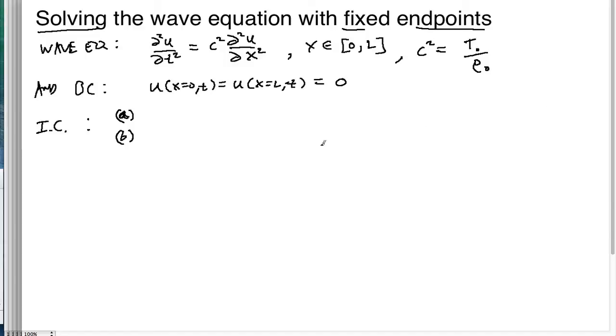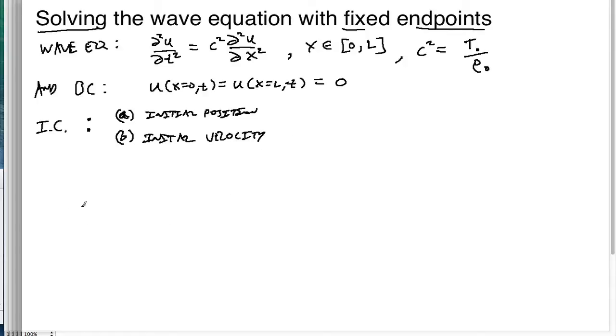Because we're talking about a system with mass, with inertial aspects to it, we need to have an initial position and an initial velocity.